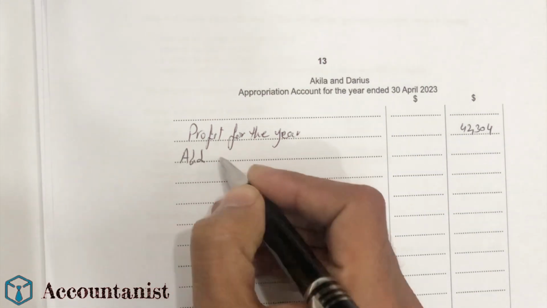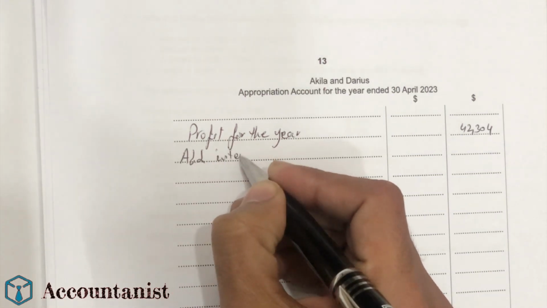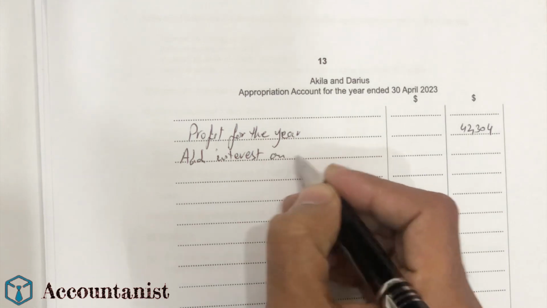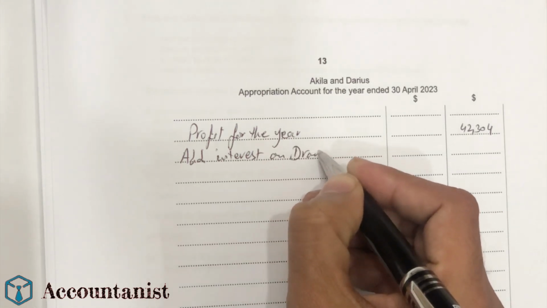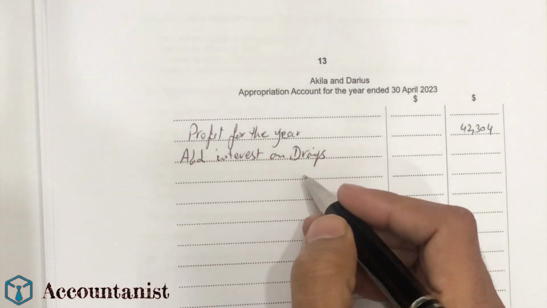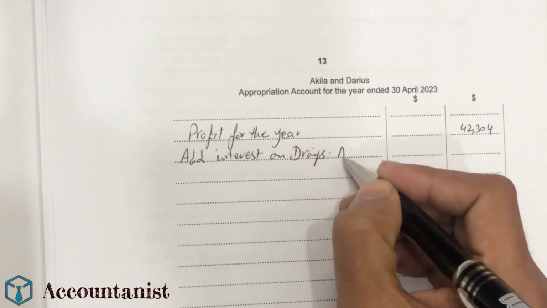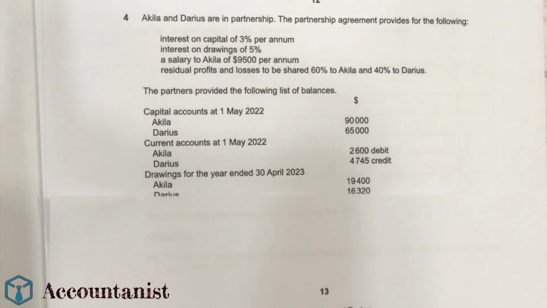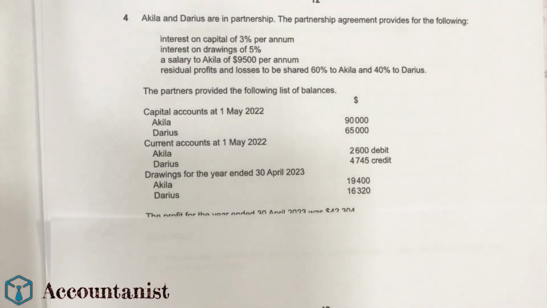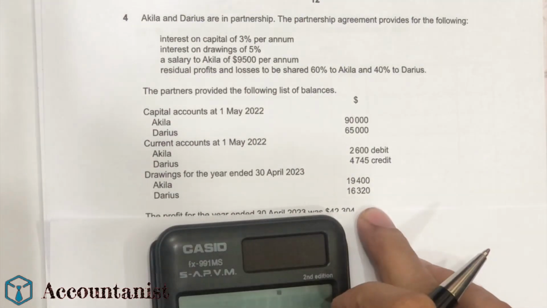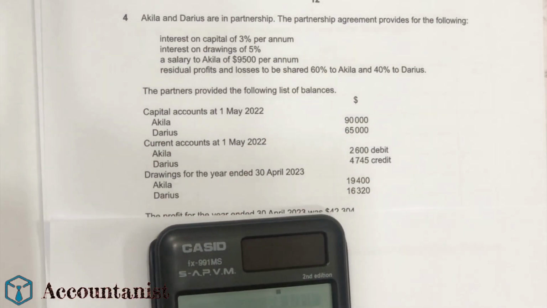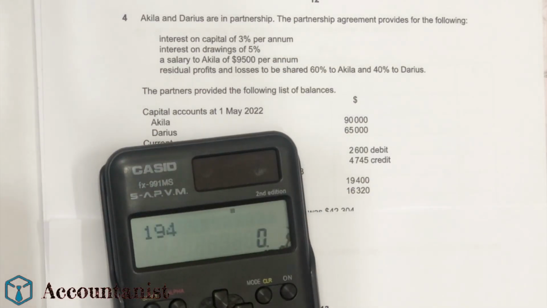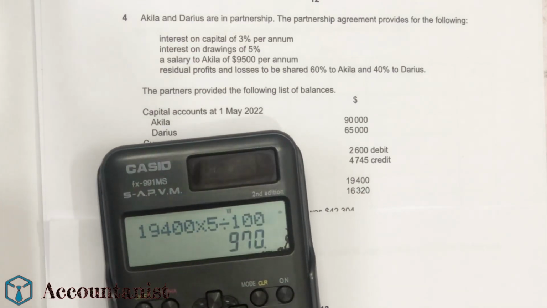So we need to add interest on drawings. We have two partners, the first one is A and the second one is D. So we have to calculate by multiplying this 19,400 with this 5%. So 19,400 into 5% gives me 970.